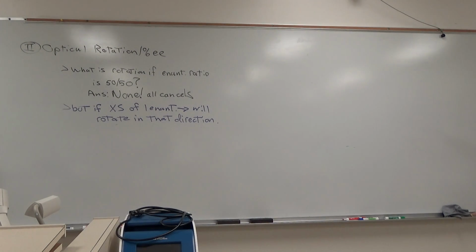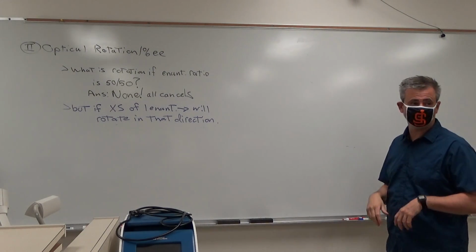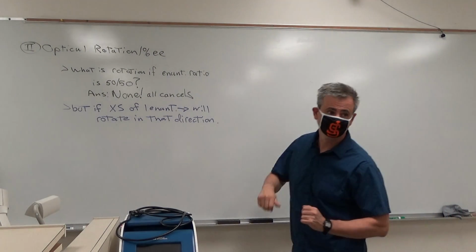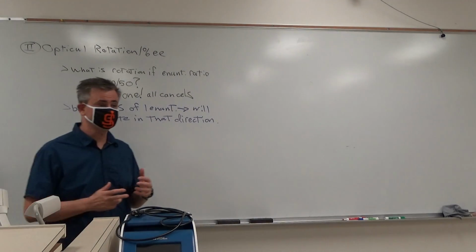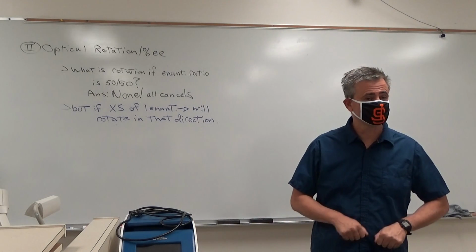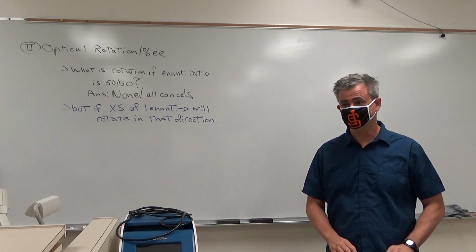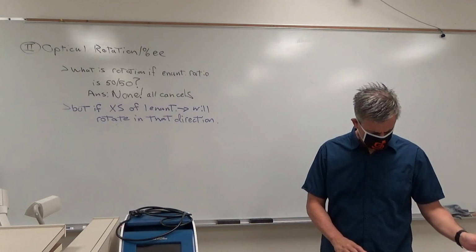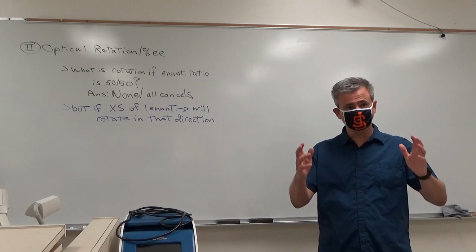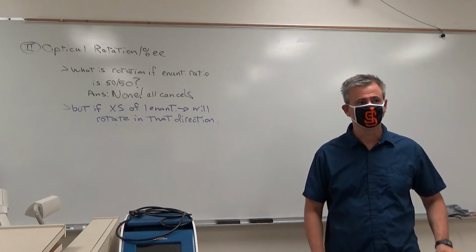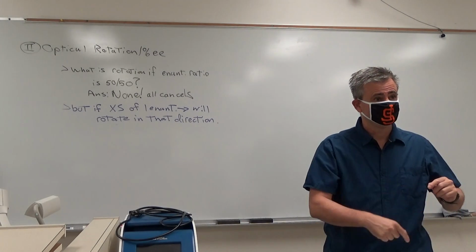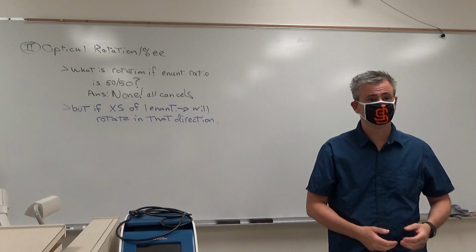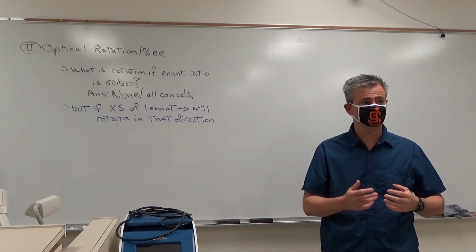This is the chamber that I've got to come through. Every time I bump into a chiral molecule, I rotate a little bit. So what's going to affect how much I rotate? Same things from methyl violet. What did you use the absorption of light to figure out in methyl violet? What did it tell you?